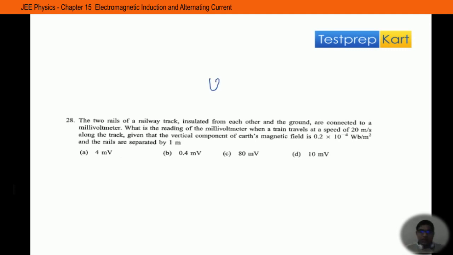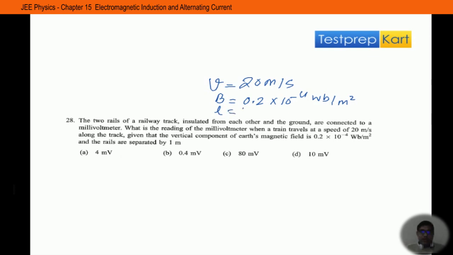So V is given, that is 20 meter per second along the track, and the Earth's magnetic field is given as 0.2 into 10 to the power minus 4 Weber per meter square. The rails are separated by 1 meter.